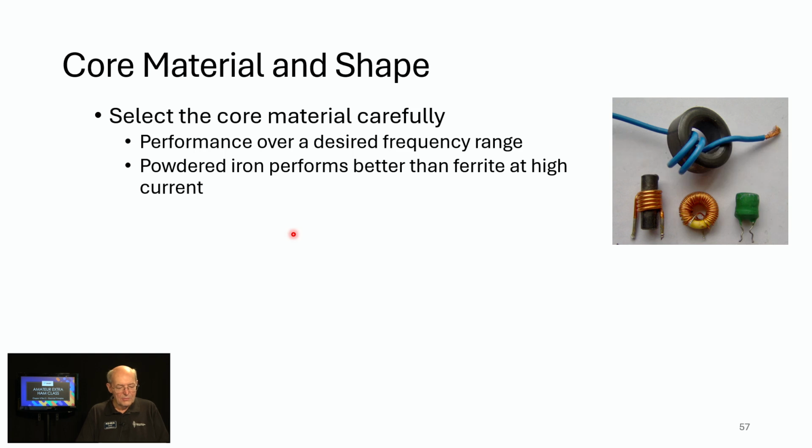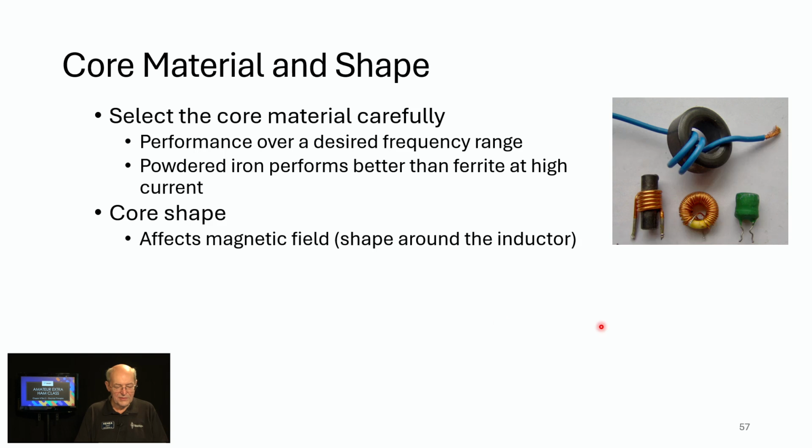So different core materials will have different performance over a desired frequency range. And another consideration, as current increases through an inductor, you'll get to a place where it can't store any more magnetic energy. So powdered iron performs better than ferrite at high current. So there's trade-offs here in terms of what material you might want to use.